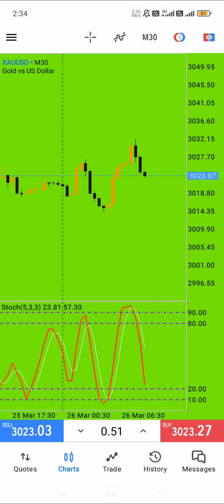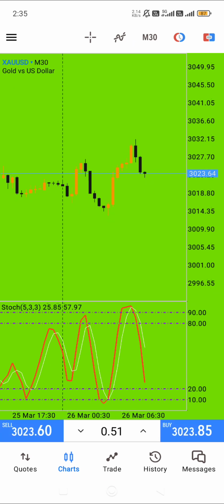This indicator has to follow the 10, 20 lines: touch the line and cross moving up, and the market goes to the upside. As well, when the 80, 90 line is touched and crossed to the downside, the market will go downside.